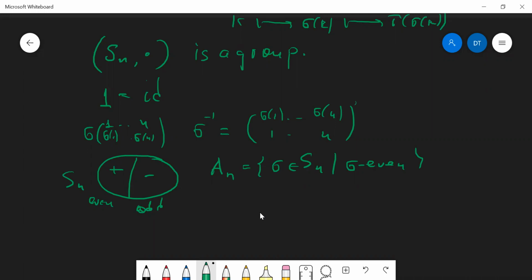Well, actually, it's sometimes commutative. Because you have this parameter n, it may change. There are actually two cases when this group is commutative. If n is equal to 1 or 2, then this group is commutative.